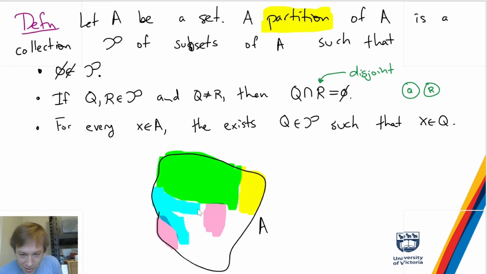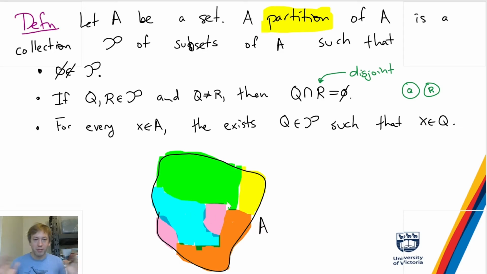I guess this color is called aqua according to PowerPoint. And let's say you've got an orange set. So the idea is that these sets are all supposed to be disjoint. I know that in my picture I've sort of overlapped them, but there should be no overlap between the sets, and they have to cover all of A. And just to be clear, I've drawn the pink set disconnected, but you should think of this and this as together being one set. So the point is, a partition is a way of breaking up the set into disjoint classes.